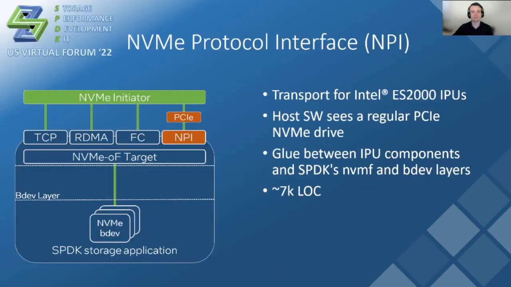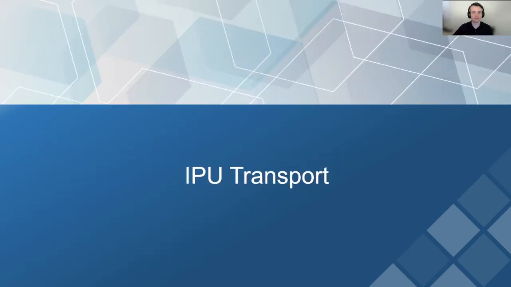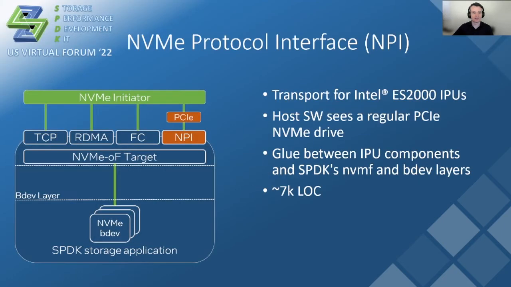Let's see what an IPU transport looks like. Let's pick a concrete example and take a look at the transport on one of the IPUs, specifically the Intel ES2000 that Tomek has already mentioned. The transport there is called NPI.